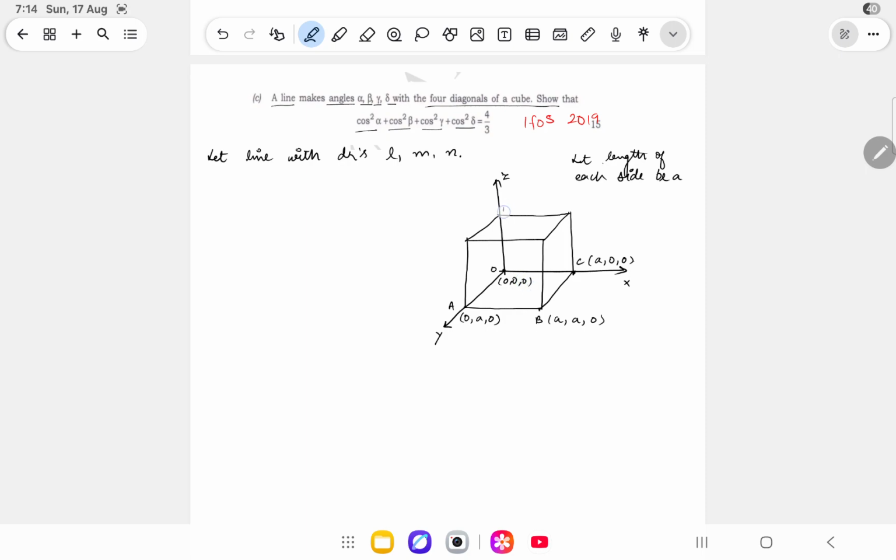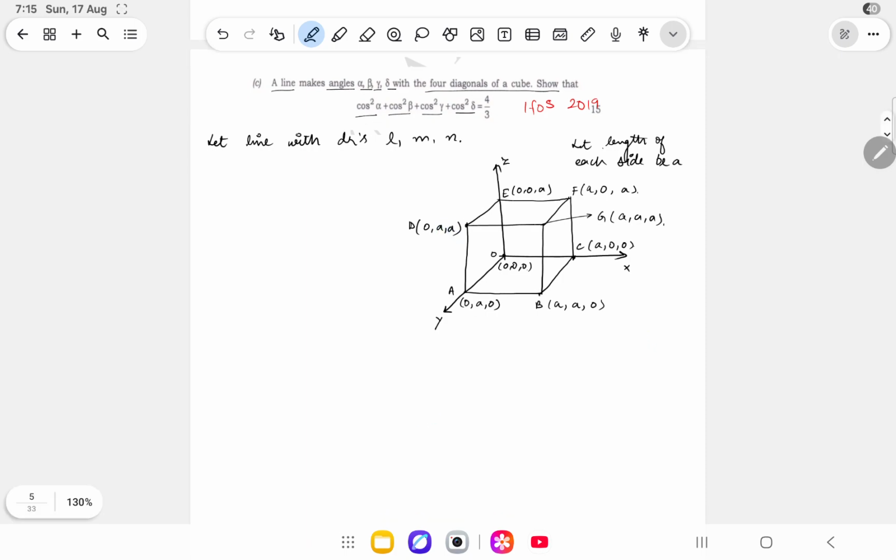And this one as E, 0, 0, A. F, it will be A, 0, A. This one as G, it will be A, A, A. And I guess we missed D. Yeah, this one will be D, and it will be 0, 0, A.